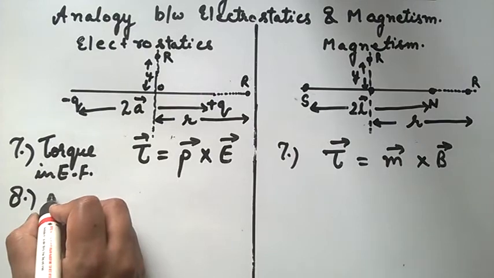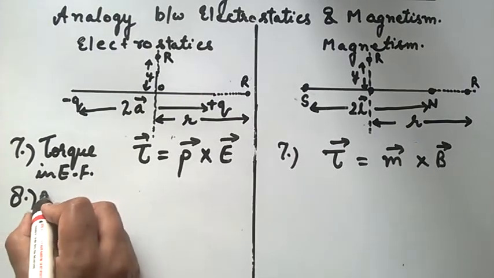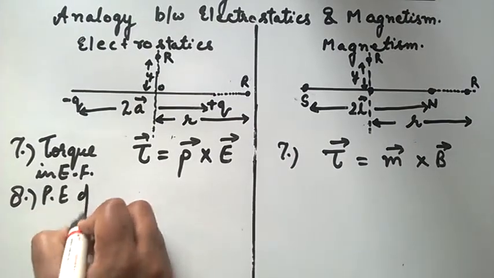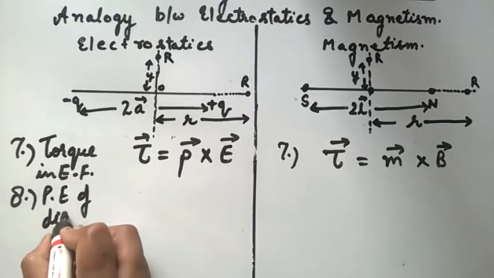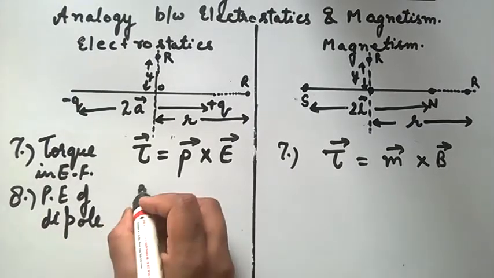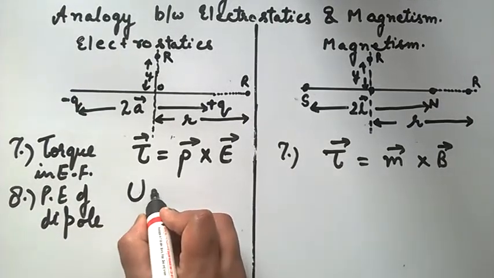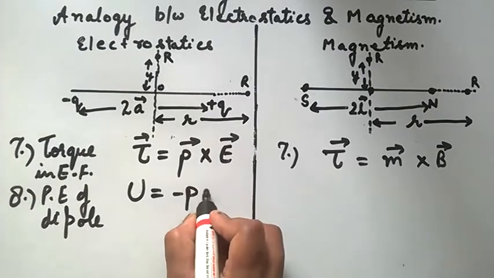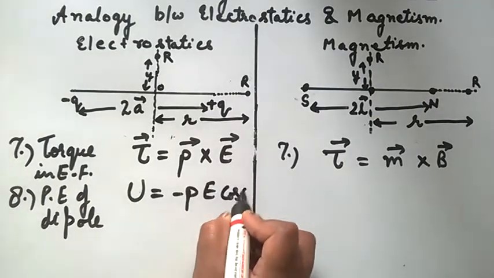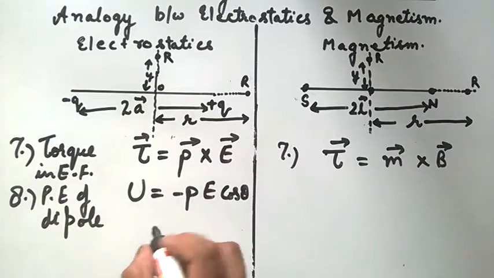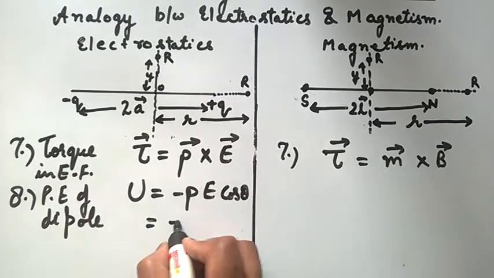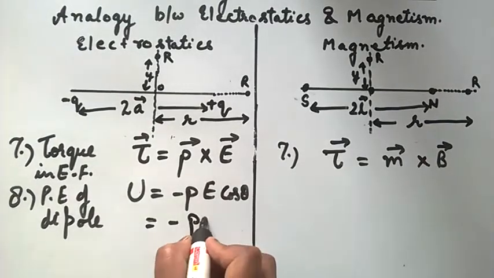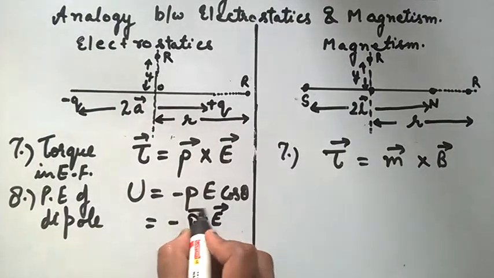The potential energy of a dipole is given as U equals minus PE cos theta, which is equal to minus P dot E vector.